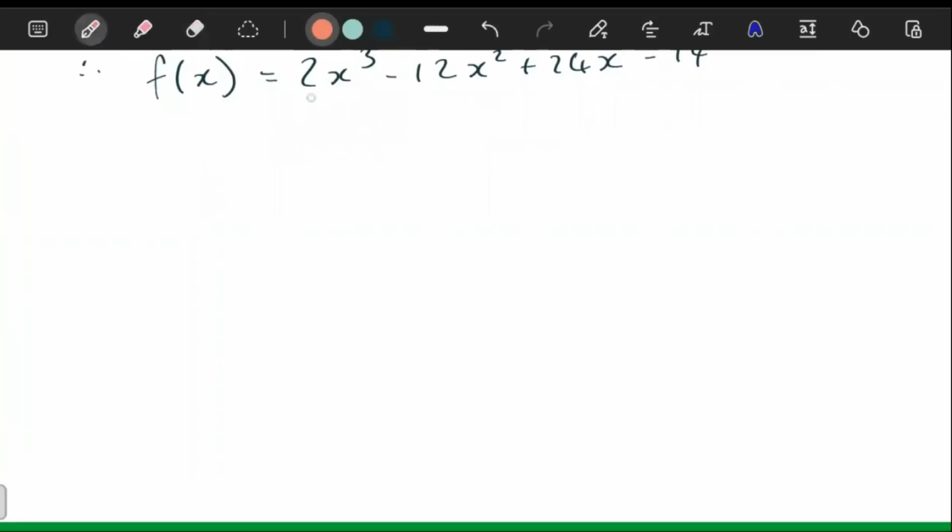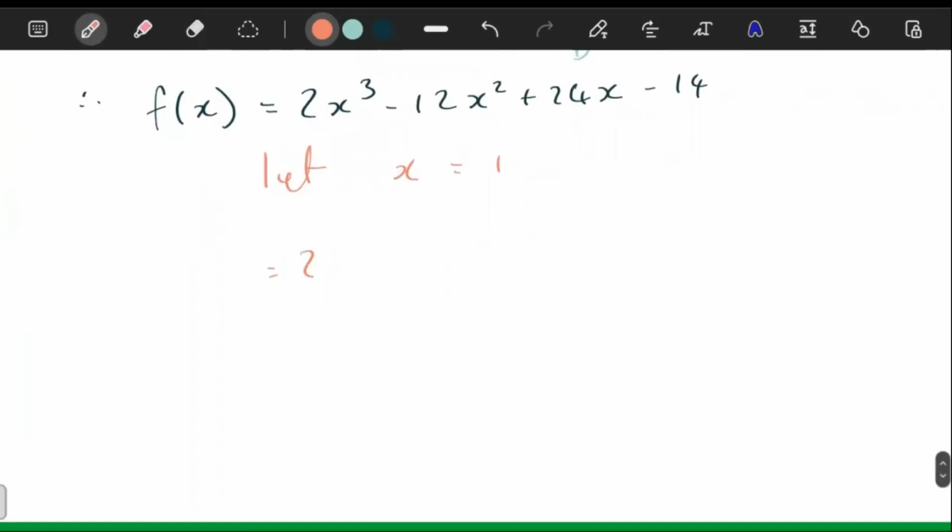With trial and error, you can say let x be equal to 1. So you can have here 2, put a 1 there, put a 1 there, put a 24 there, put a negative 14 there. Let's see if this gives us a 0. In our calculator, 2 times 1 cubed, 12 times 1 squared, 24 times 1, negative 14.